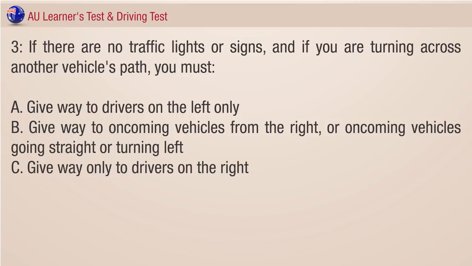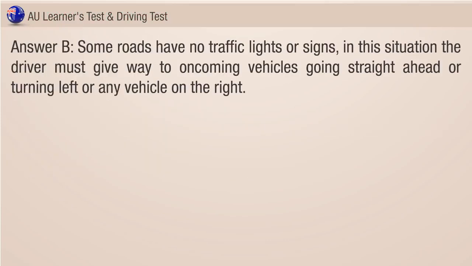Answer B. Some roads have no traffic lights or signs. In this situation, the driver must give way to oncoming vehicles going straight ahead or turning left, or any vehicle on the right.